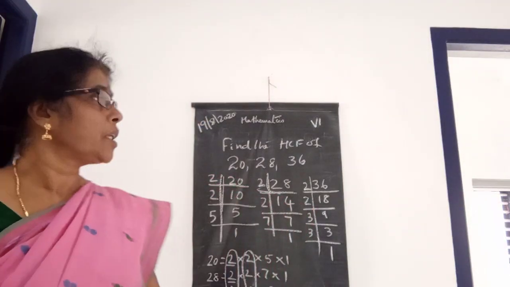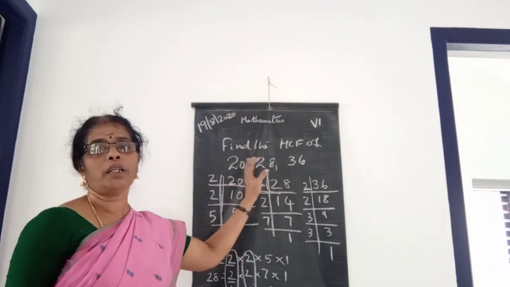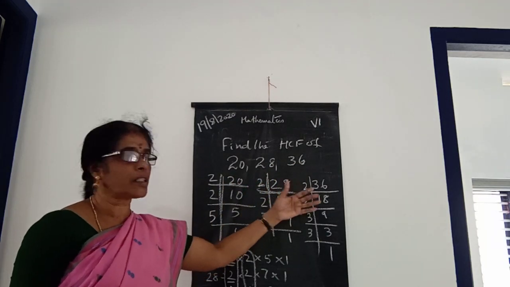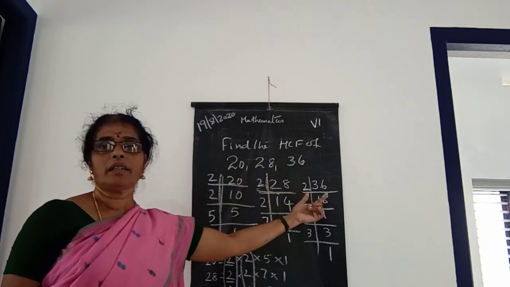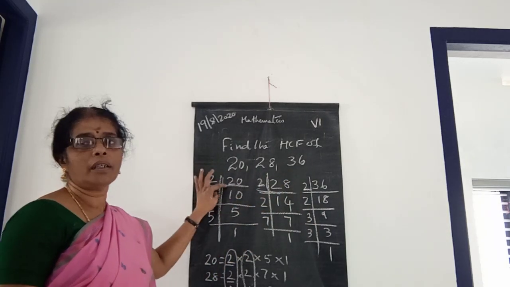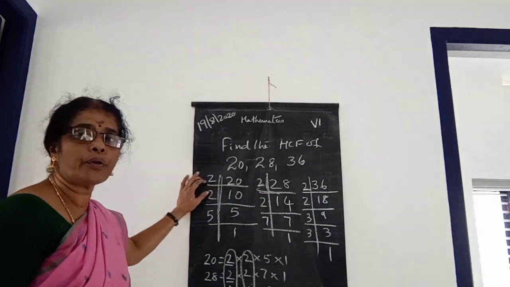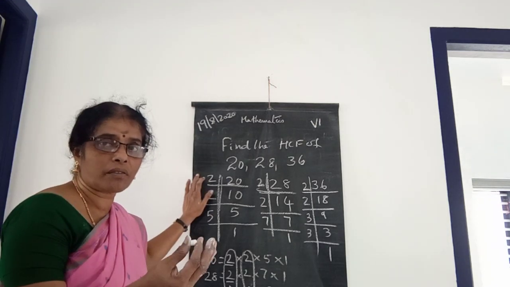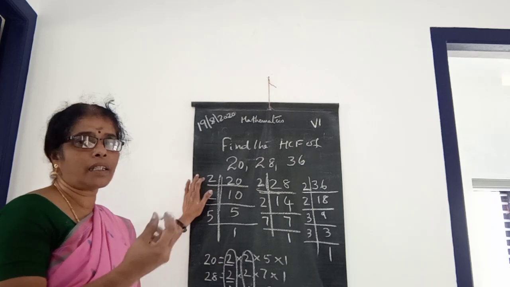Did you understand? I took 20, 28, 36. Then you have to separately find out the factors. First you take the small number as a factor. 2 you can take, and if that 2 is not going, then next you can choose 3, and if 3 is not going, then the next number 5.